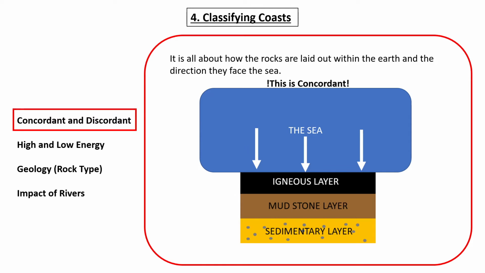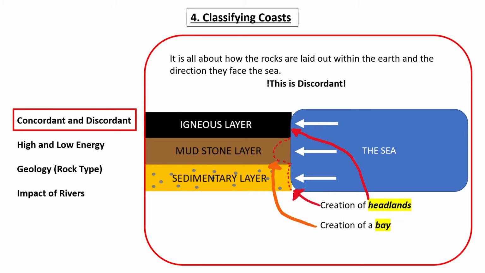Okay? So if we're to look at a discordant coast, this is when all the layers are exposed to the oncoming sea and are eroded at different rates due to lithology, but we'll go into what lithology means shortly. But essentially, this is erosion at different points. And as you can see, I've tried to draw on how the erosion would differ with each layer.